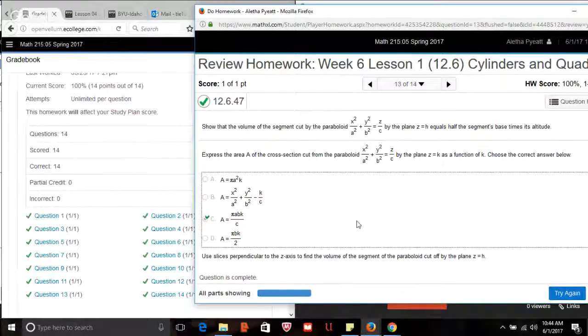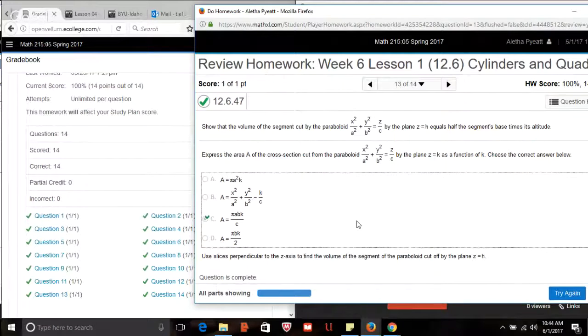When you have your height and you have your c value, that affects both the a squared and the b squared. Does that make sense? So it's a function of.